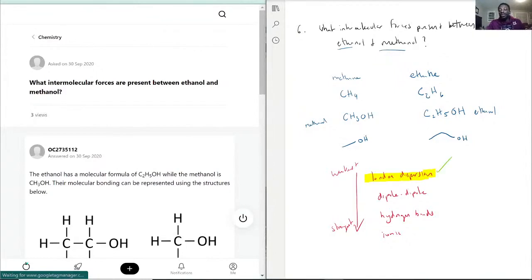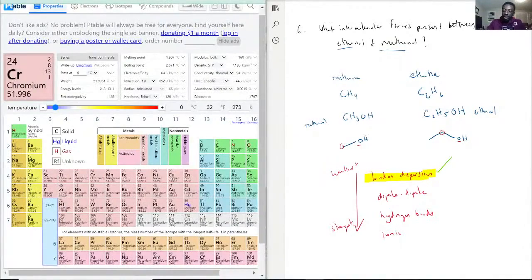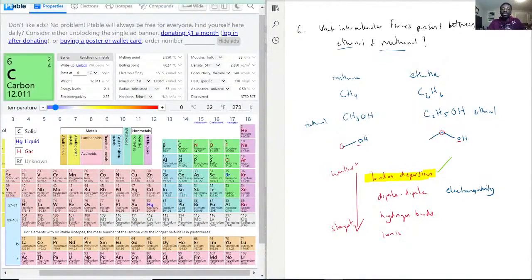Dipole. For this one, you kind of have to look closer at the bonds there. And you can actually see here, for the dipole, you have a carbon attached to an oxygen. Same thing here, carbon attached to an oxygen. So the way you figure out dipole is by looking at the periodic table, the electronegativity, and seeing if your molecule is polar, has a positive and negative partial charge.